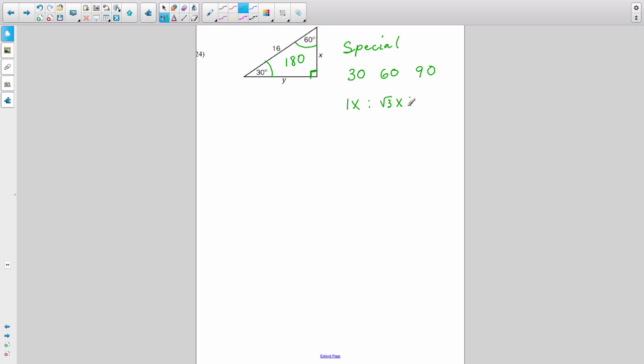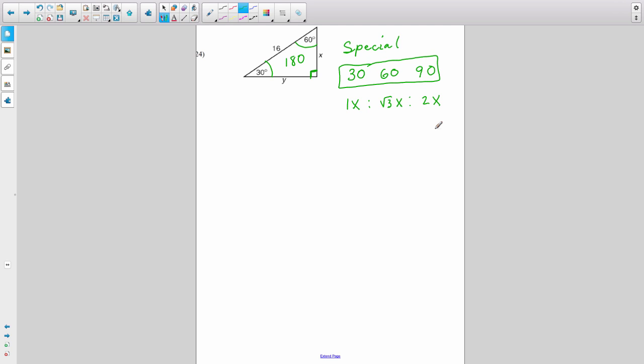And the largest side, always the hypotenuse, across from the 90 degree angle, can be represented as 2 times x. So this is the way I like to write it. I write the angles here, and right below them, I write their side proportions.